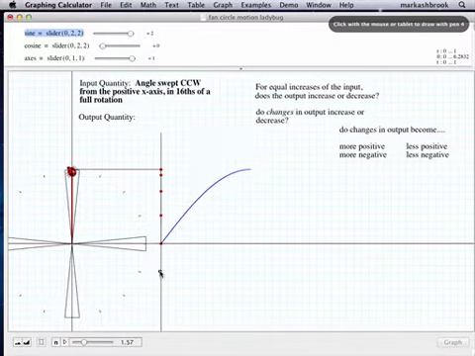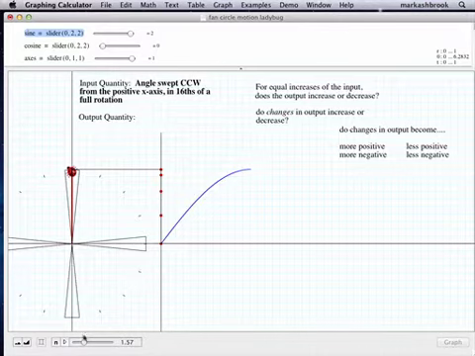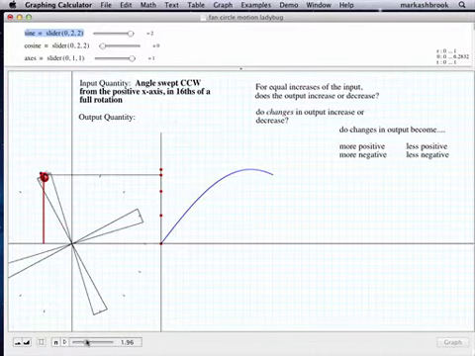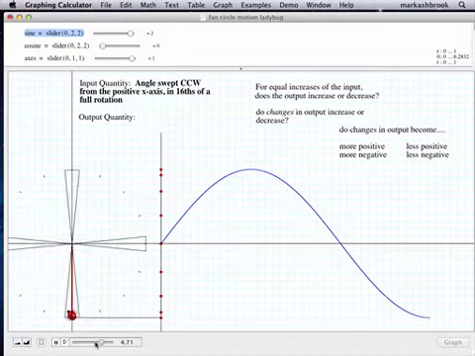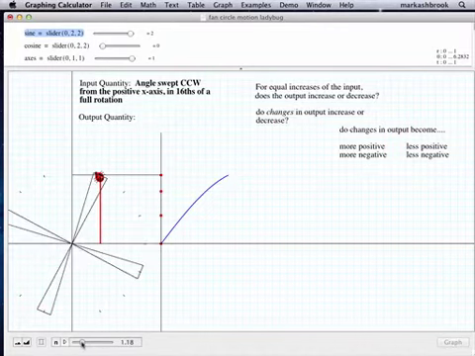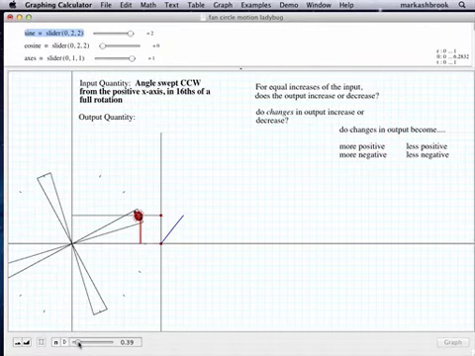And what exactly is the output quantity that we're looking at here? Okay? So it was a distance. Was it a vertical distance or a horizontal distance? Vertical distance. Oh, it's working better. Thank you. Vertical distance.